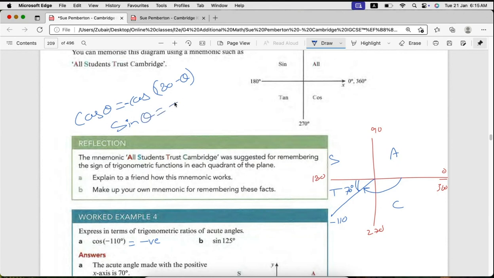Sine theta is equal to positive sine 180 minus theta, because sine is positive in both of them. I understand that sine is positive in the first and second quadrants, but in the formula itself, why is it positive on both sides? Because we are just talking about 180. So if it is acute, this is definitely positive. If it is obtuse, this is again positive. That is why sine is positive on both sides.